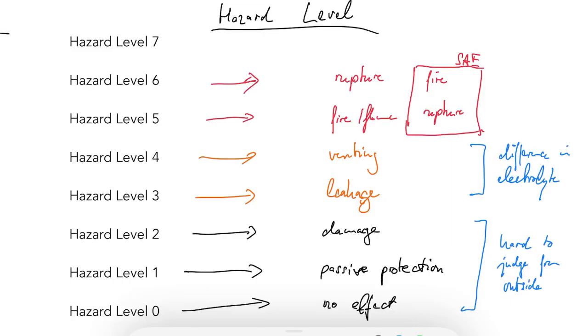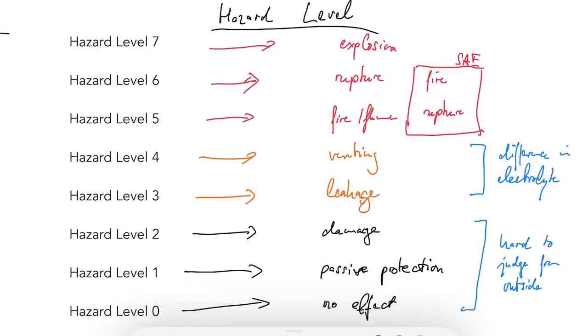And then we have the next hazard level, hazard level 7. The good thing is it is the same in both definitions, according to SAE and UCAR. It is the explosion. But again, it's a little bit hard to differentiate between rupture and explosion, because for a cell to rupture, so that it opens up, you need a lot of force. You need a pressure buildup so big that the case is not strong enough anymore.